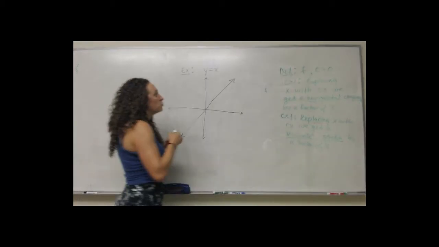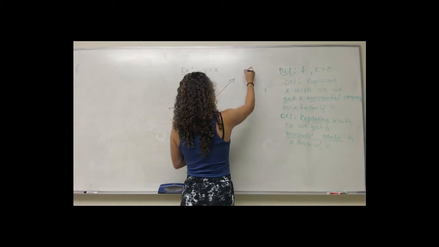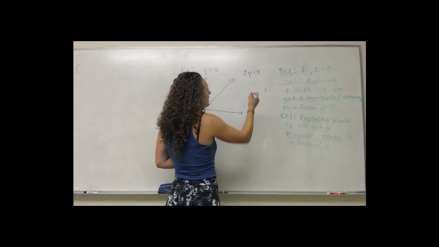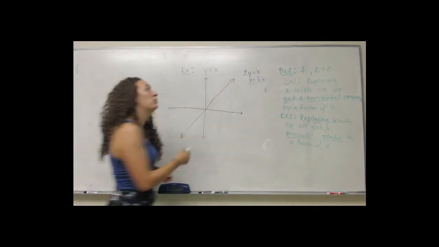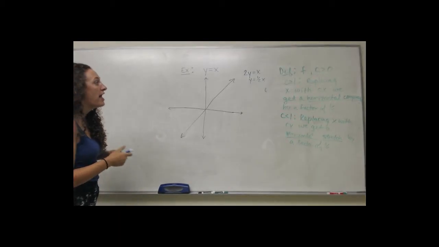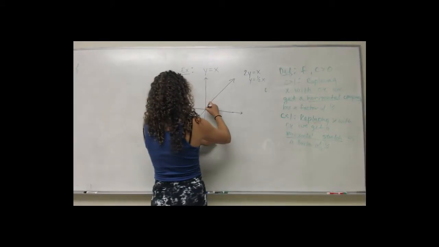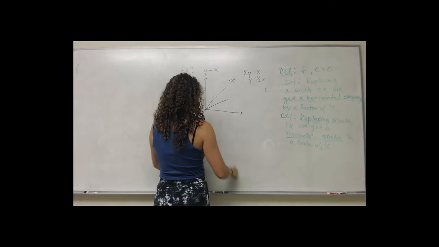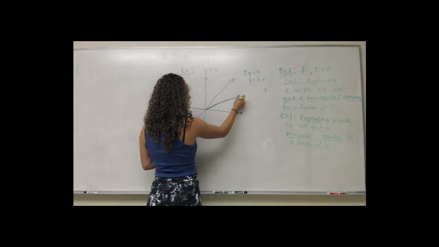Now what if we replace y with 2y? Notice that we would rewrite it as y equals 1/2 x. But what have we done there? We've replaced y with 2y, and when we did that, we ended up with this line. Oops, I don't want that to be blue. So the line 1/2 x looks something like this.